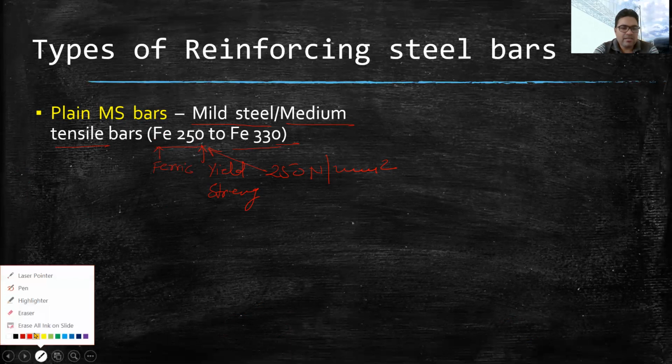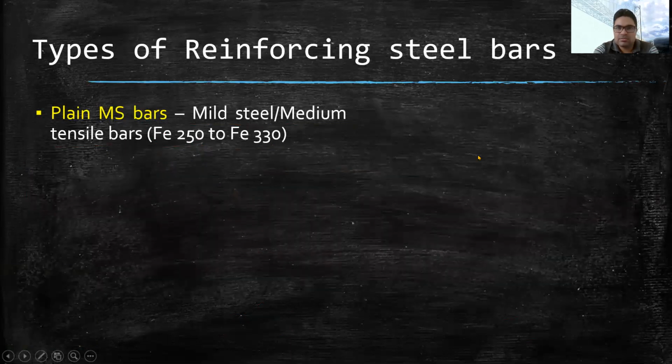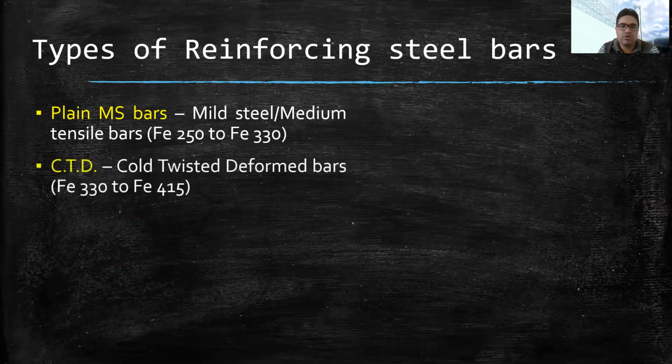Then another category of reinforcing steel bar is called CTD. CTD refers to cold twisted deformed bar. Based on the manufacturing process, these bars are allowed to cool, and they are twisted in different processes.